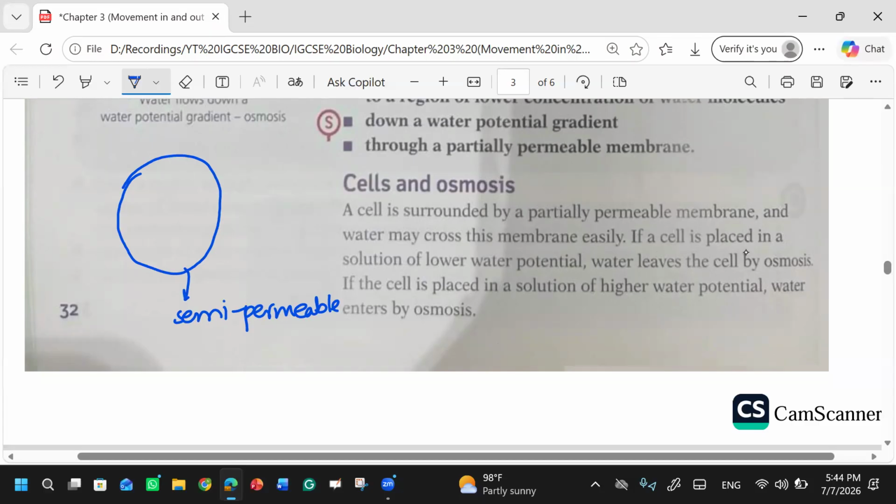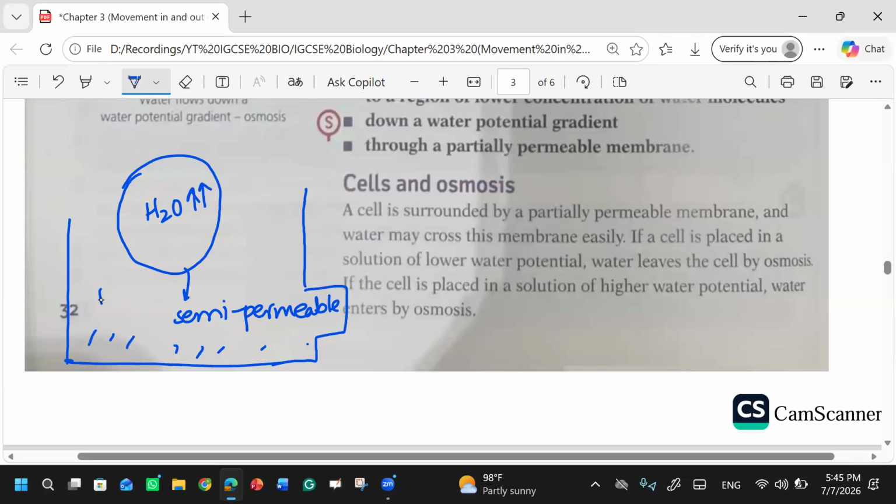So now they have mentioned if this cell is placed in a solution of low water potential. For example, you have this solution, and water in the cell is more. They are saying that the cell is placed in this solution, in which water potential is low.